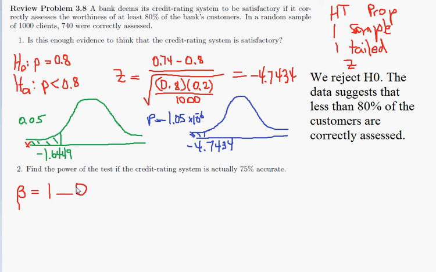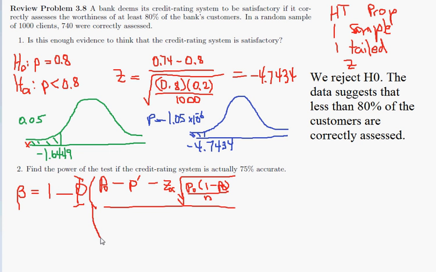We have 1 minus phi of p naught minus p prime minus z sub alpha times the square root of p naught times 1 minus p naught all over n, and the n is under the square root, divided by, so let me make big parentheses, square root of p prime times 1 minus p prime over n.